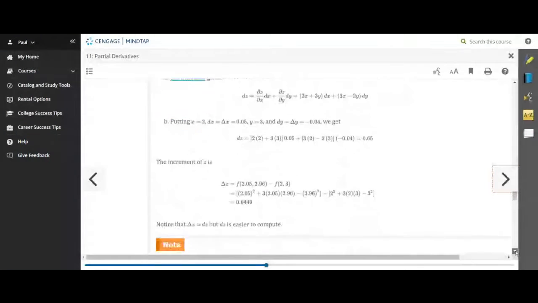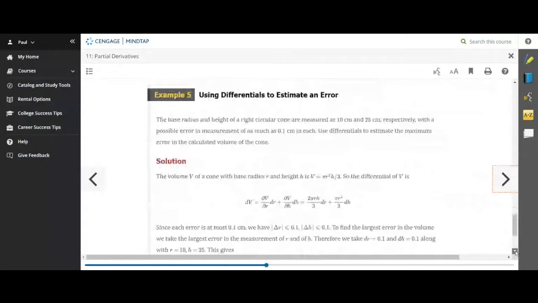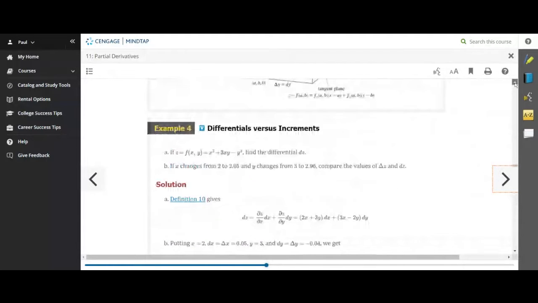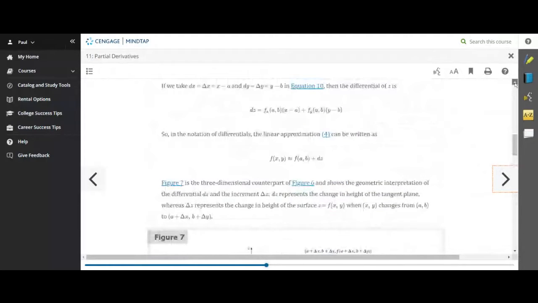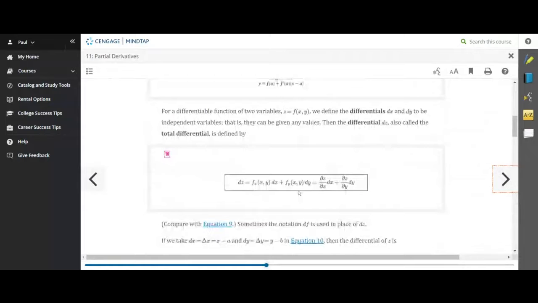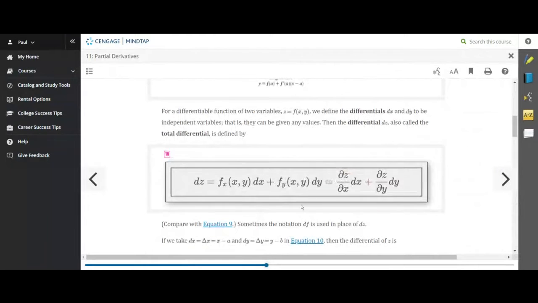Hold on here, let me find it. There we go. This is what's called a total differential.